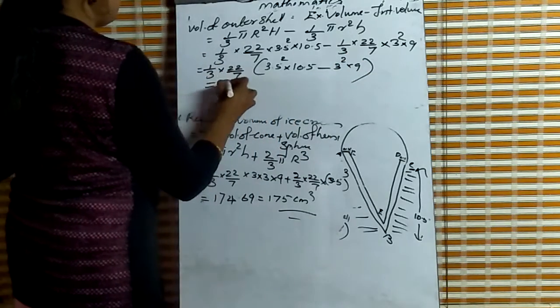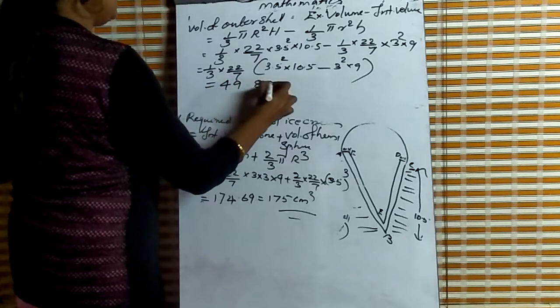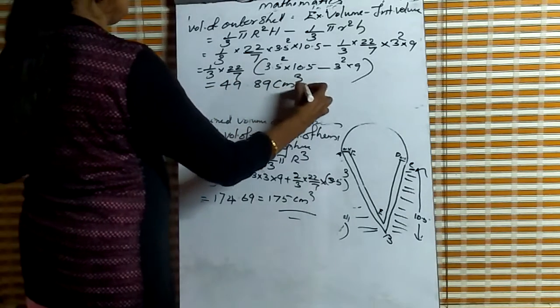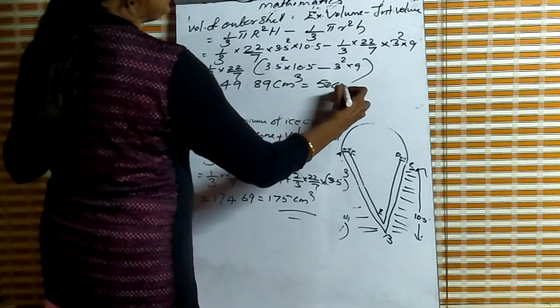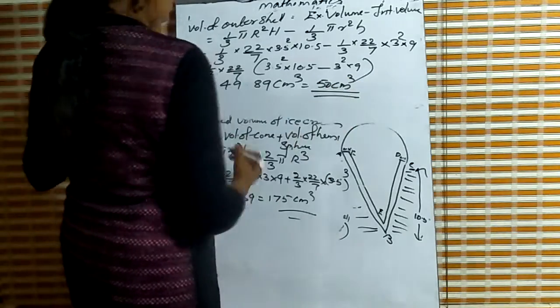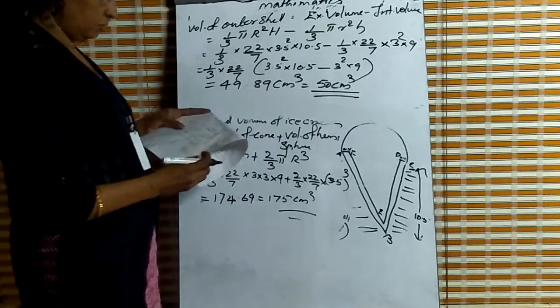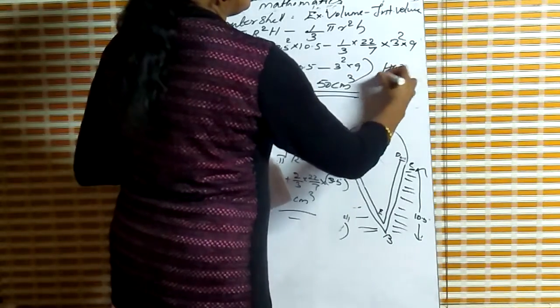This is equal to 49.89 centimeter cube, which is 50 centimeter cube to the nearest. Homework, question 20.